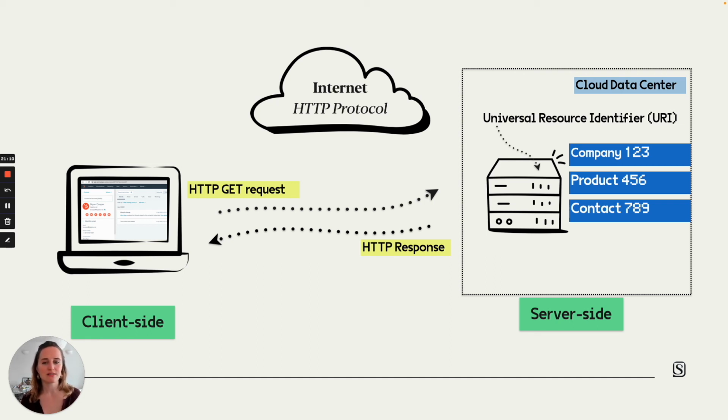Web apps follow the same client-server architecture, front-end, back-end paradigm that we've already talked about. Just like websites get URLs, resources in web applications get their own versions of URLs called Universal Resource Identifiers, or URIs, so that they can be easily located and accessed and modified as part of an application.